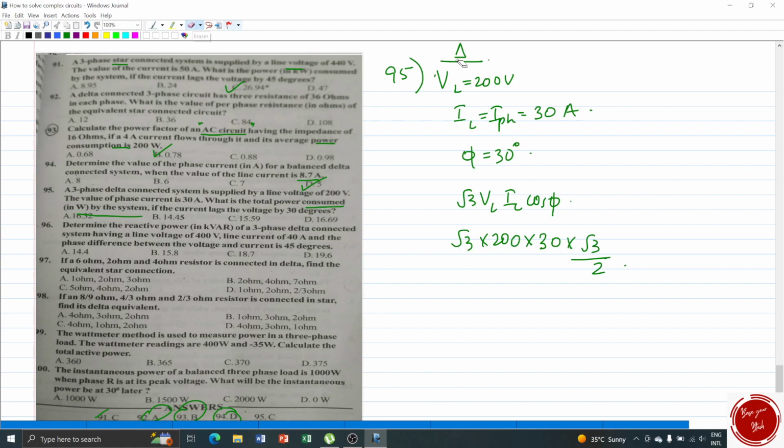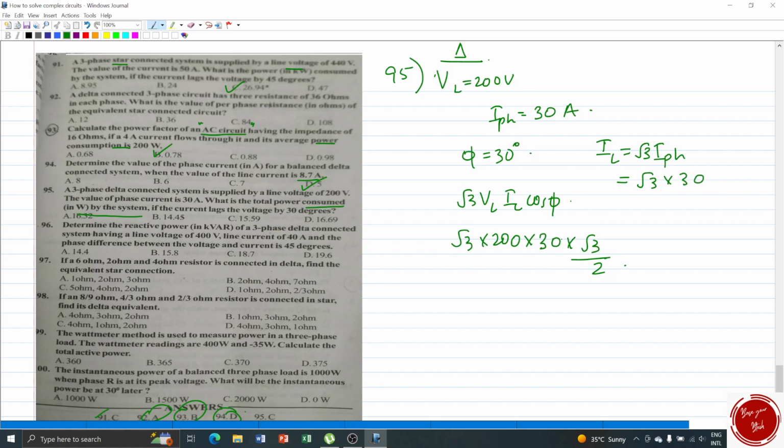Sorry, here it is a delta system, so I have to correct the current value. It is given that the phase current is 30 ampere. To convert it to line current, I have to multiply it by root 3: IL is equal to root 3 I phase, which is root 3 into 30.